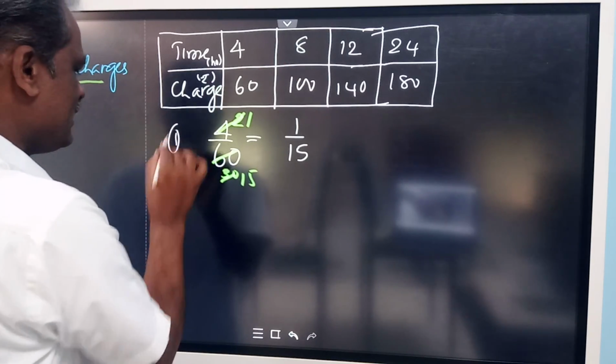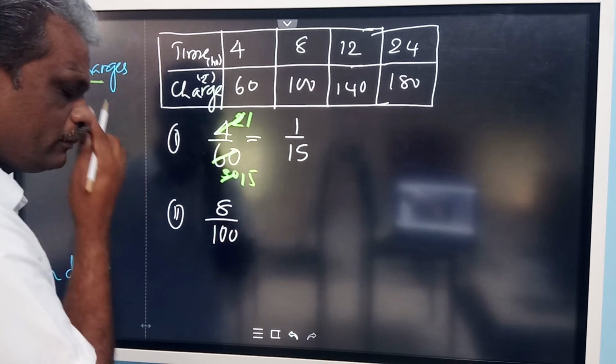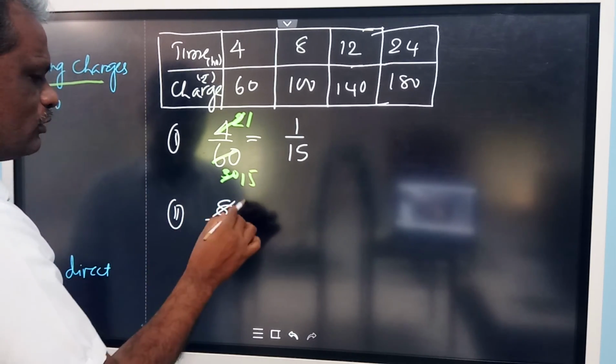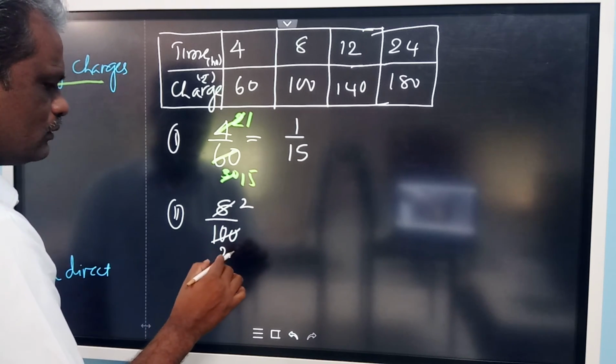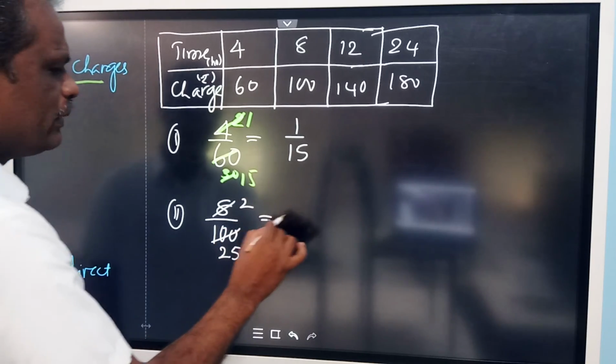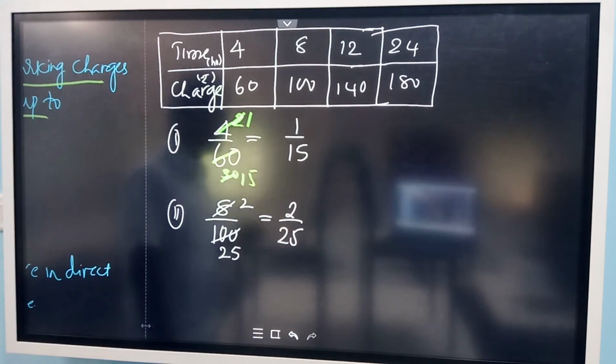Now check the second ratio, 8 by 100. Are you getting the same answer? 4 2s are 2 by 25. So you are getting 2 by 25. Look at this, it is not constant.